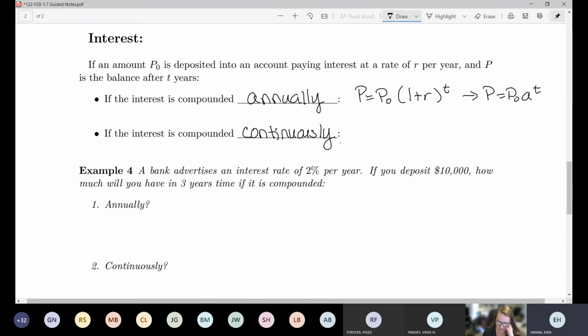And if the interest is compounded continuously, the only thing here is that when it's presented as interest, it's usually written as rt instead of kt. But essentially we're just now adding the context of interest. If you don't see the word continuously, you use the a to the t. And if you see continuously, it's the e to the kt form. So it's kind of the same idea. It's just that now it's put in terms of interest.